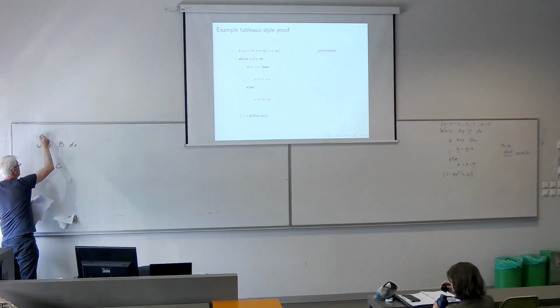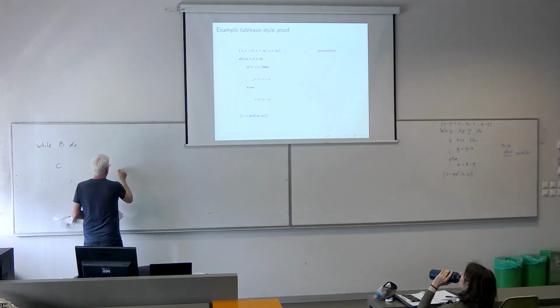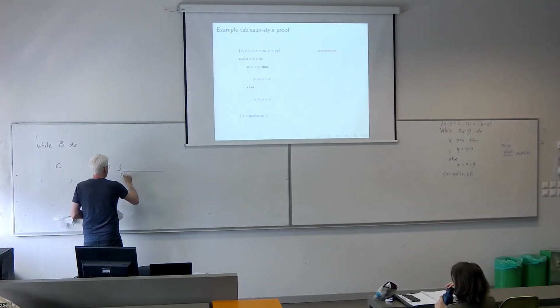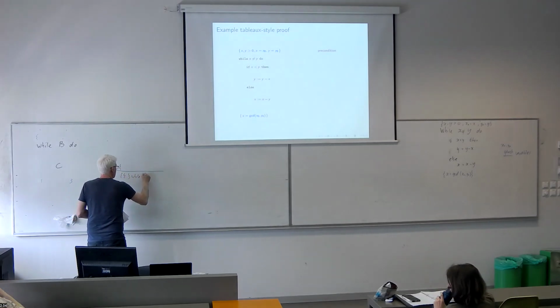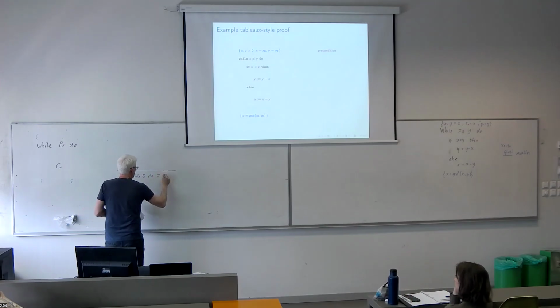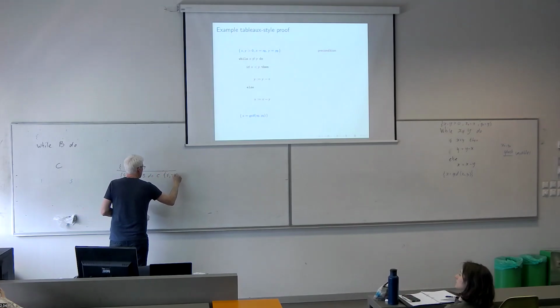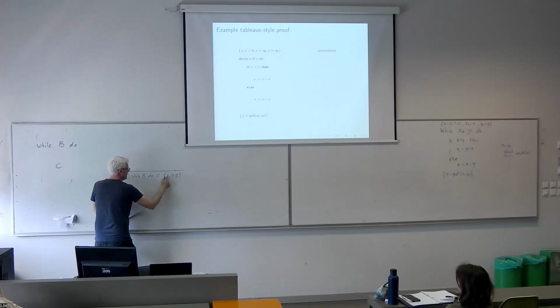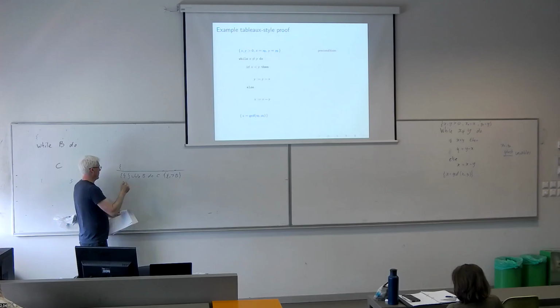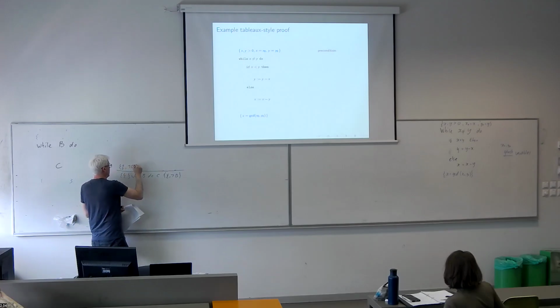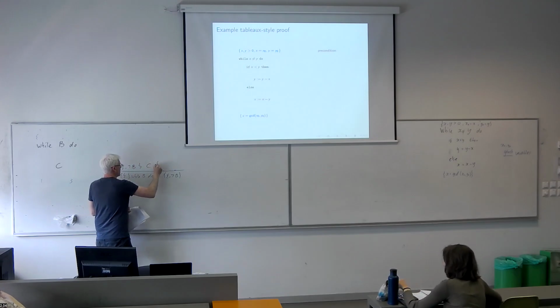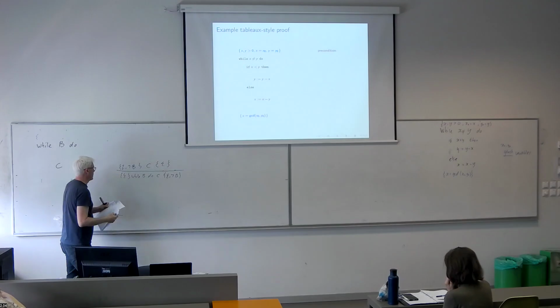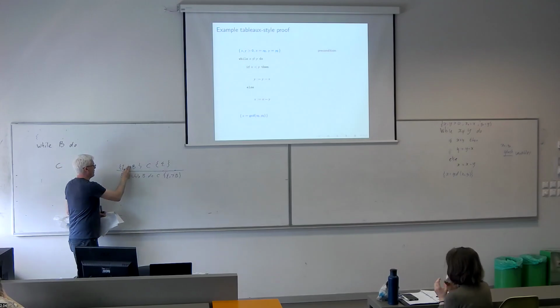Right, so remember with the while, maybe I should write the while rule. So the original while rule was... We can derive this specification for the while rule if we can prove that the inner body preserves the invariant and works whenever B is true.